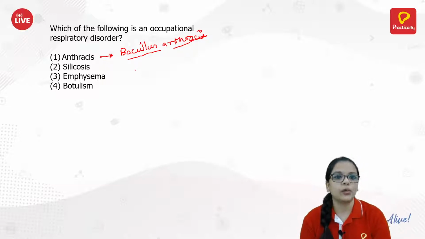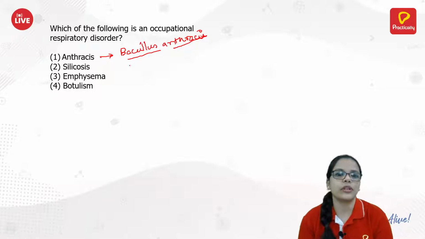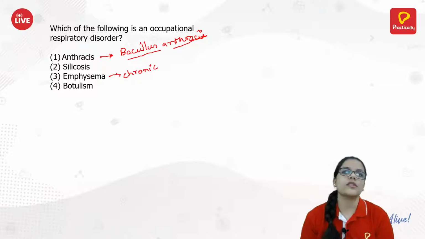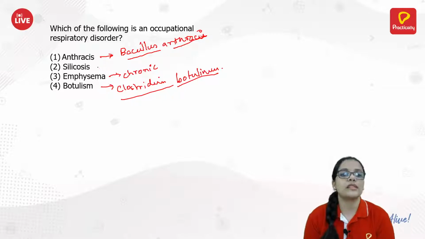It doesn't happen at your workplace. Emphysema, as in the previous question, is a chronic disorder where the surface area of the lungs reduces. It's not occupational. Botulism is caused by Clostridium botulinum. It is a kind of serious food poisoning.